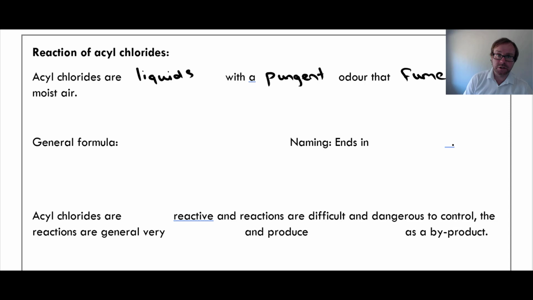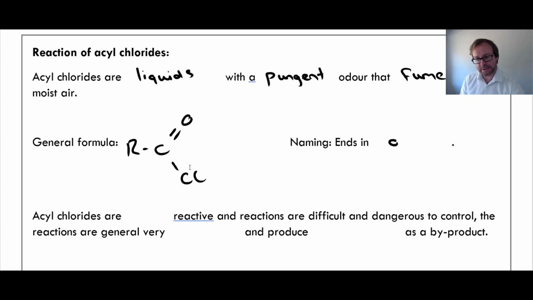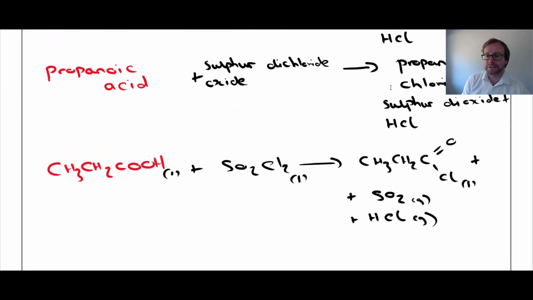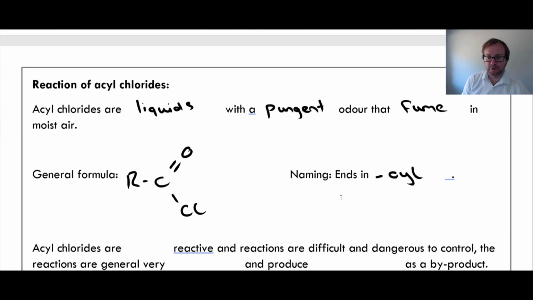So they can fume in moist air just like our HCl gas can as well. And our general formula, as we said at the top of the page, is RC double bond OCl, and our names end in oyl, as you've probably worked out from our last example using this. So propanoyl chloride.